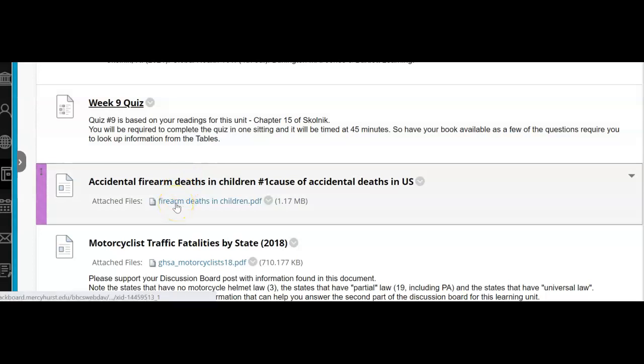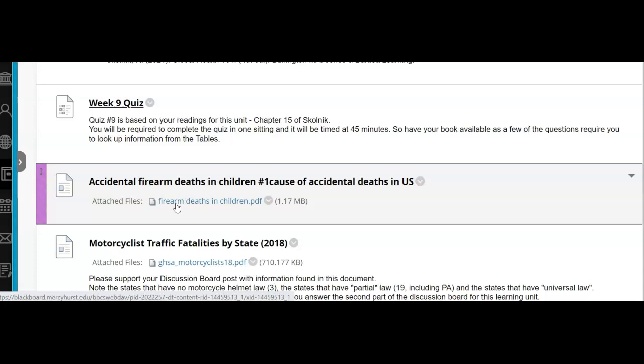The first article is one that just came out this month, and it is about firearm deaths in children. Accidental firearm deaths in children is now the number one cause of accidental deaths of kids under 18 in the U.S. It speaks to how the number of injuries has gone up dramatically in the last couple of years.